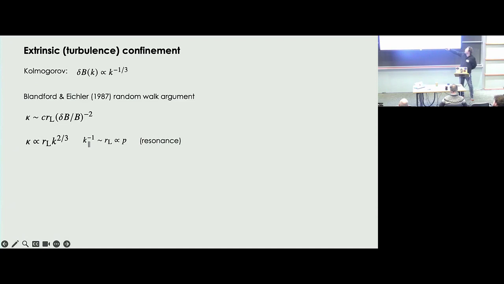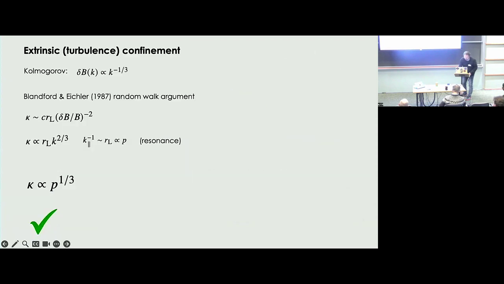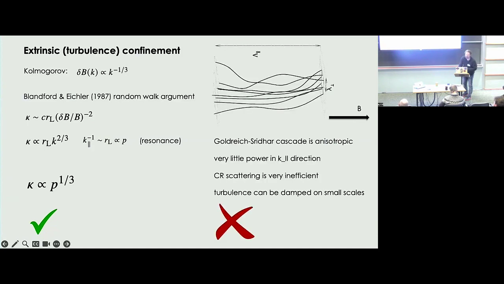If you know the perturbations in the magnetic field, you can, from this simple random walk argument from many years ago from Blandford, you can calculate kappa. And then if you assume the resonance condition, then you get the same thing that you observe in the real world, i.e. this scaling here. And you may want to say, oh, that's awesome, we have an agreement, but obviously we know, here, we spent quite some time talking about how turbulence is not Kolmogorov, so that maybe is why there is something missing.